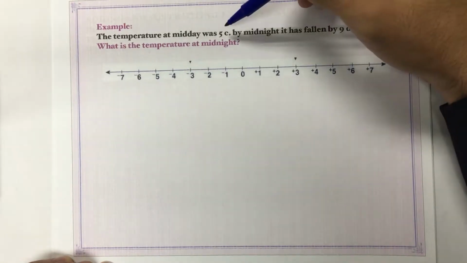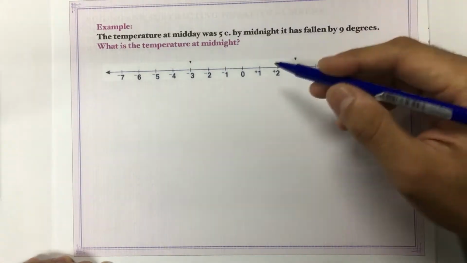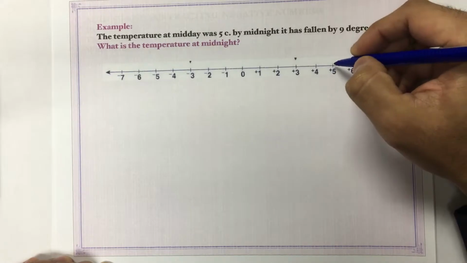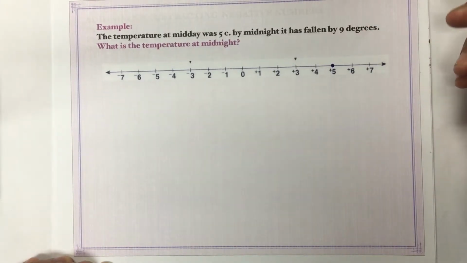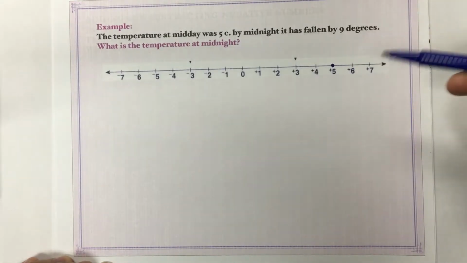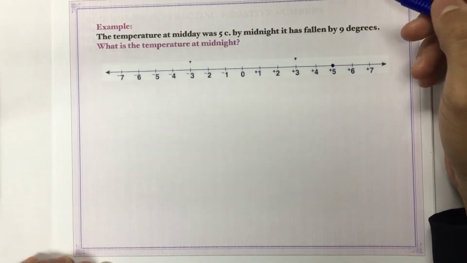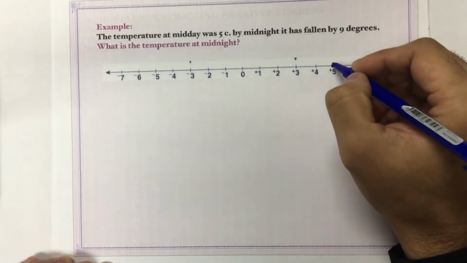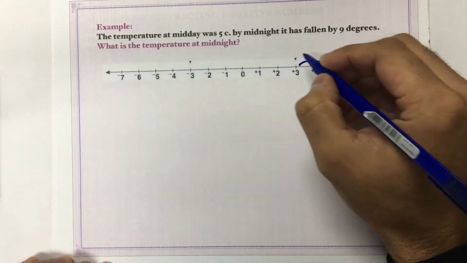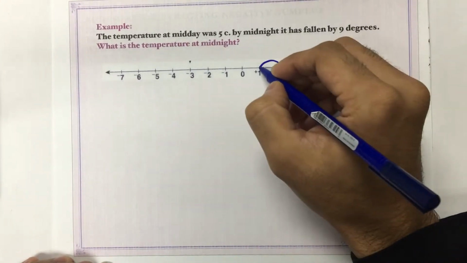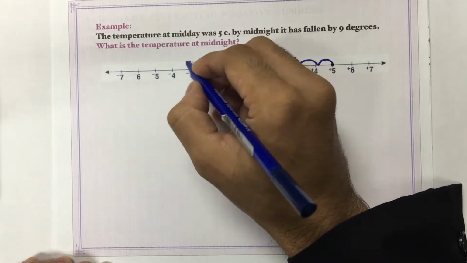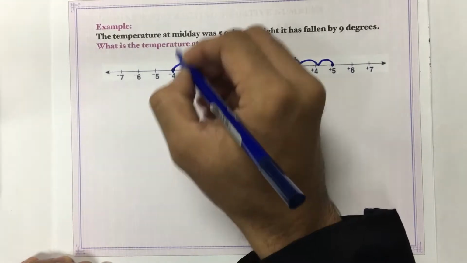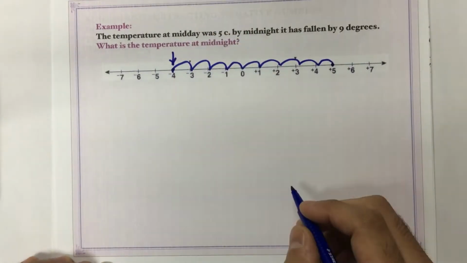Our starting point is here, 5 Celsius. The positive 5 is right here. Okay, so it falls by 9 degrees, meaning we're gonna fall or move to the left 9 units. We start counting 1, 2, 3, 4, 5, 6, 7, 8, and 9, and we've landed right here at -4.